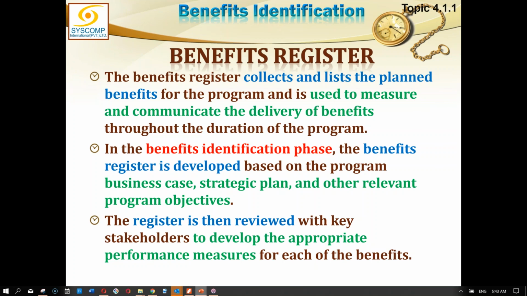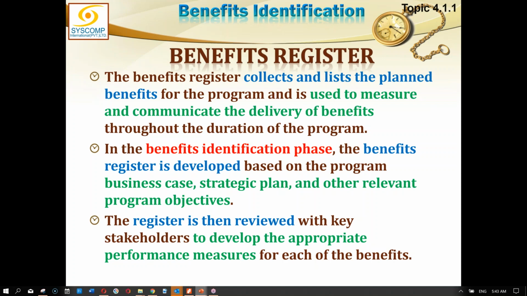We have already studied the strategic alignment chapter. So strategic alignment is giving us the strategic plan, program strategic plan, which is part of the program management plan. So program management plan is a bigger plan, which includes the program strategic plan. It includes the benefit management plan and so many other things.